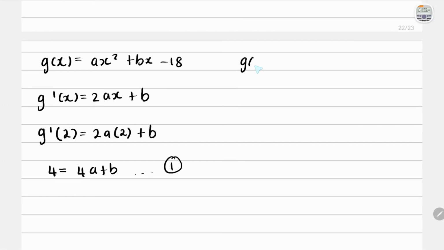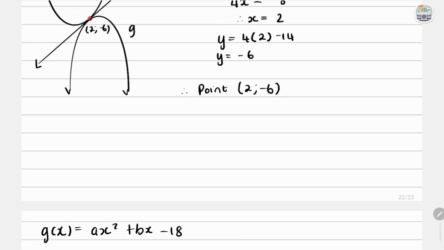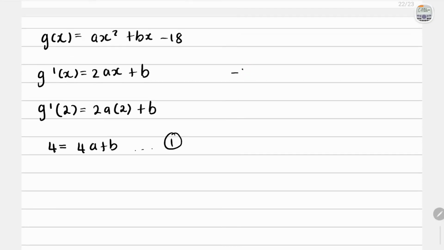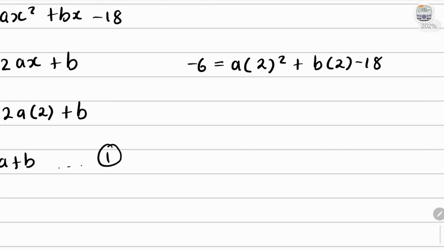So g of x, well, we don't have to write it, it's already there. We're just going to say, substituting negative 6 as the y value: negative 6 is equal to a times 2 all squared plus b times 2 minus 18. Then we'll simplify, it'll be in terms of a and b, but it's fine. Those multiply and give you 4a.